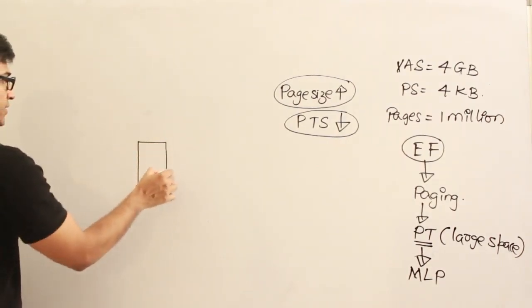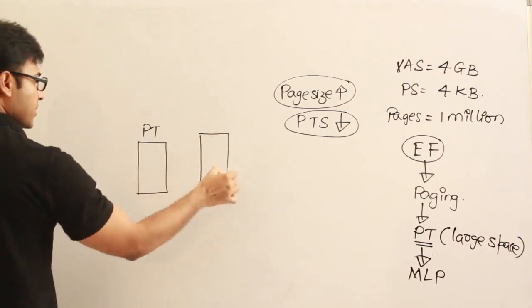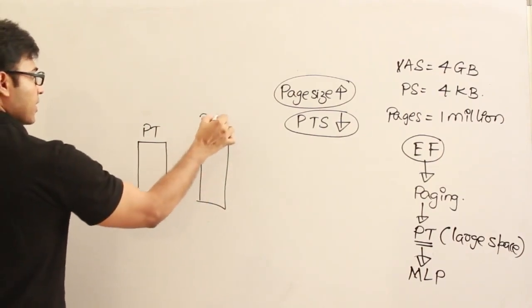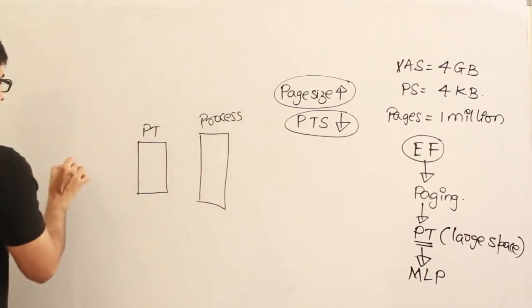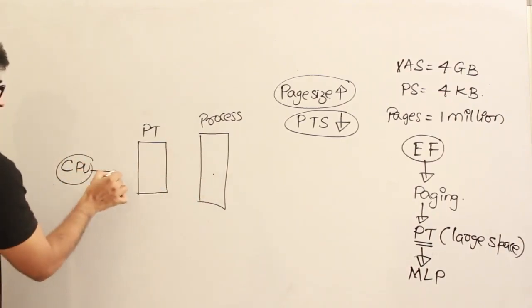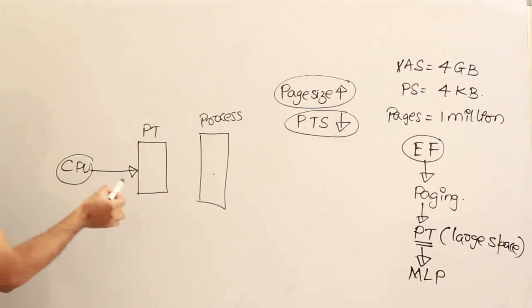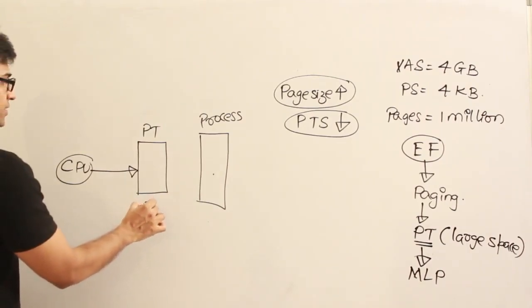So there is a page table in the main memory, and then there is the process in the main memory, right? Now whenever the CPU wants to get a word from the process, it has to first go into the page table and access the main memory once. Let us say main memory access time is m.